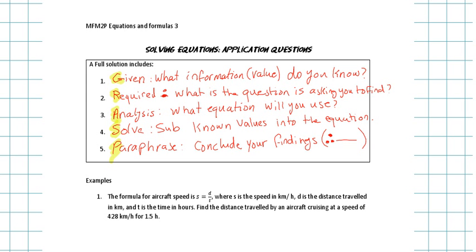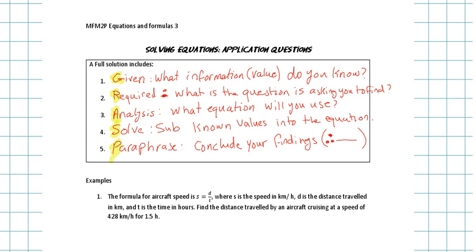The formula for aircraft speed is S equals D over T, where S is the speed in kilometers per hour, D is the distance traveled in kilometers, and T is the time in hours. Find the distance traveled by an aircraft cruising at a speed of 428 kilometers per hour for 1.5 hours.